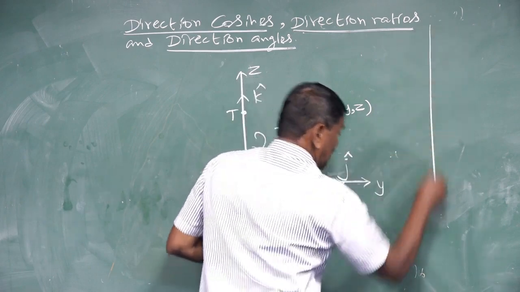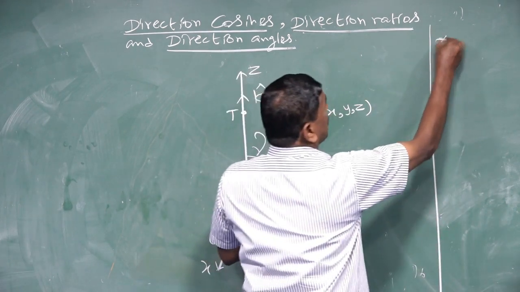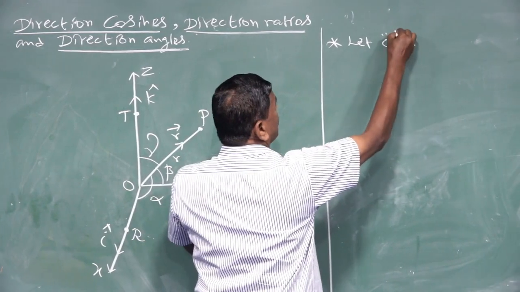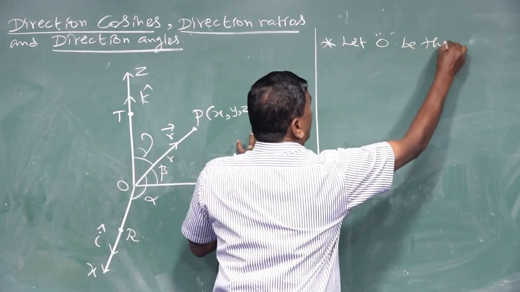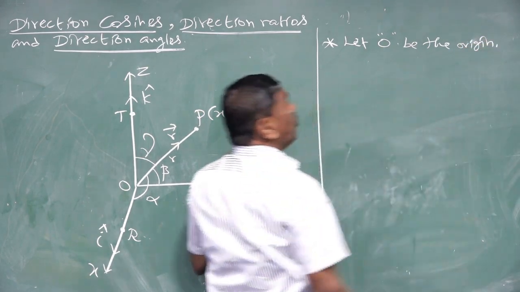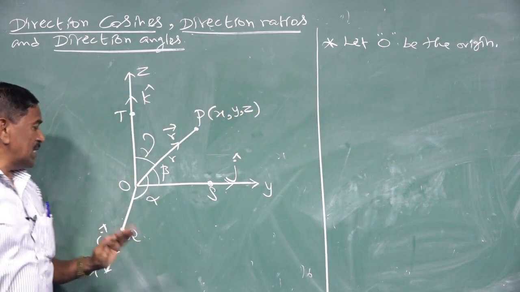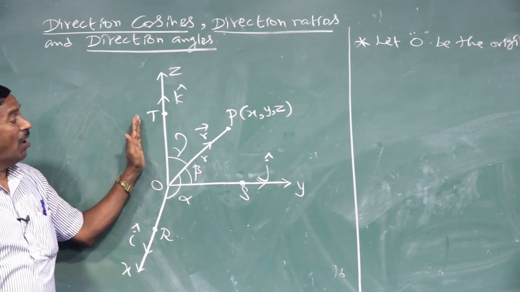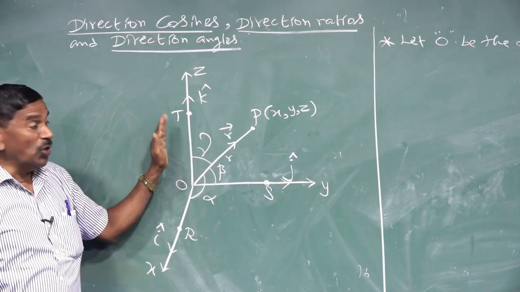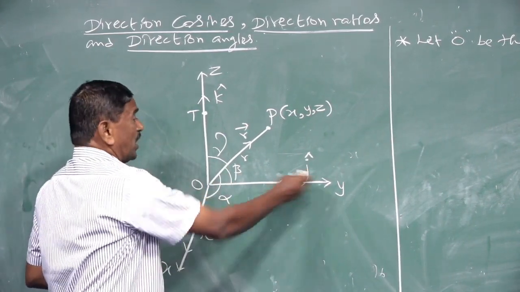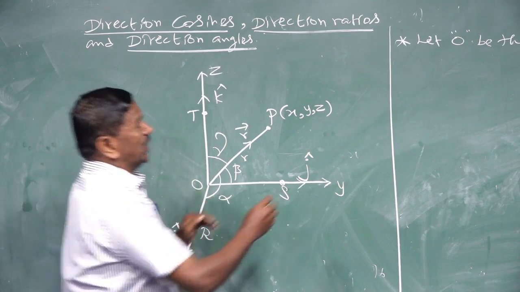Now let us write the theory portion. Let O be the origin. Let i cap, j cap, k cap be the perpendicular unit vectors along the x-axis, y-axis, and z-axis respectively.